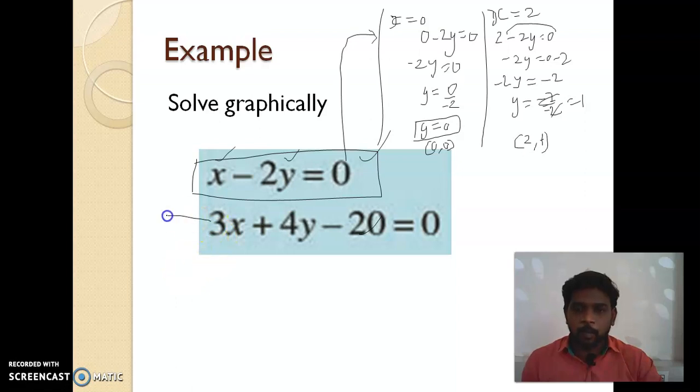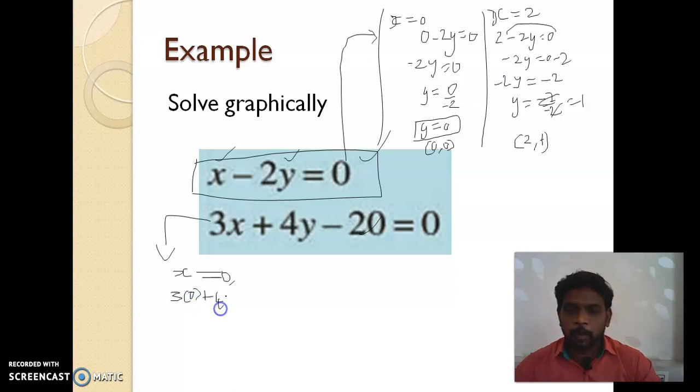Now I'm going to find two solutions for the second equation. Again I'm going to put x equal to 0. What will happen here in the second equation? If you put x equal to 0, we get 3 into 0 plus 4y equal to, if you bring the 20 to the right hand side, it will become plus 20.